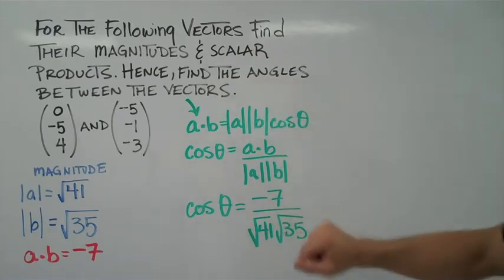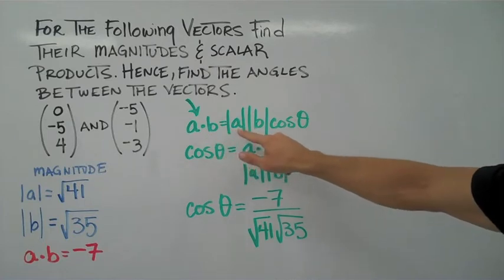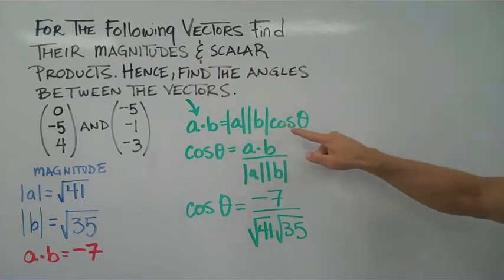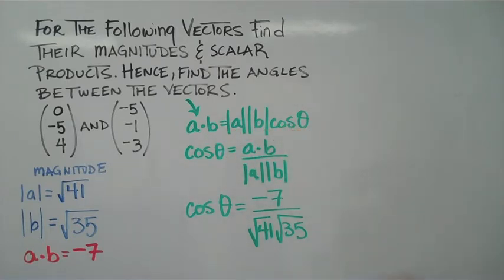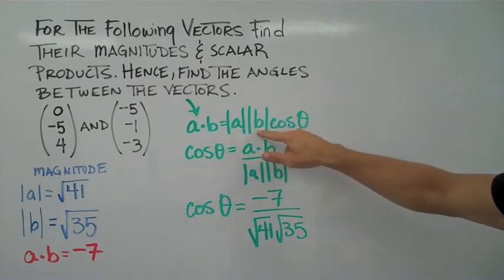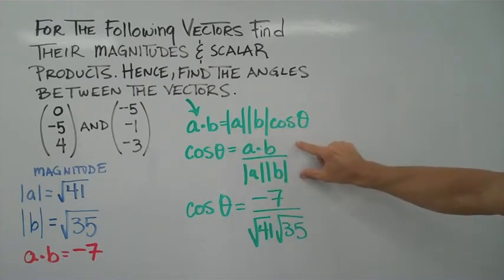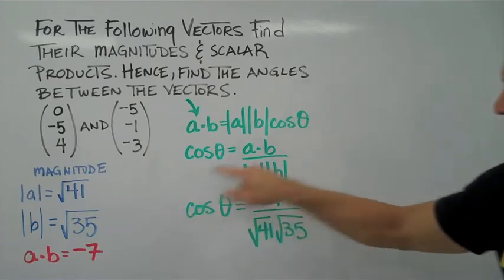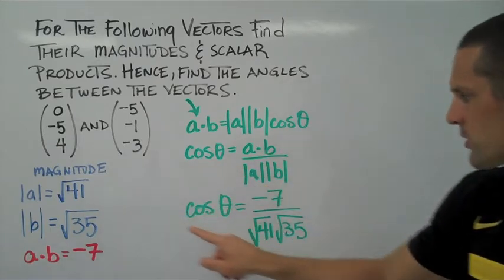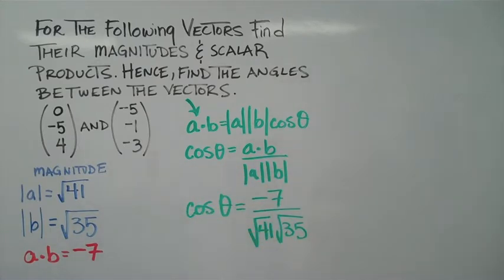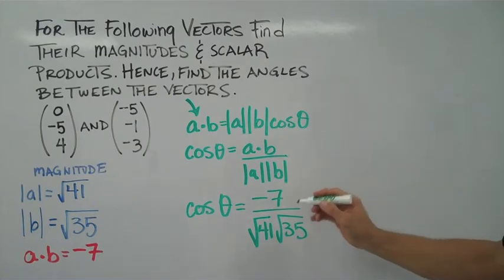Now we can find the angle between the vectors using A dot B is magnitude of A times magnitude of B times cosine of the angle between them. Divide both sides by the magnitude of A times the magnitude of B, and I get this statement here. Now I just have to substitute negative 7 for my numerator, the square root of 41 times the square root of 35. When I do that, I get a statement for cosine theta.